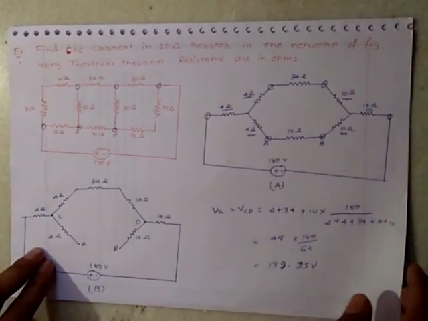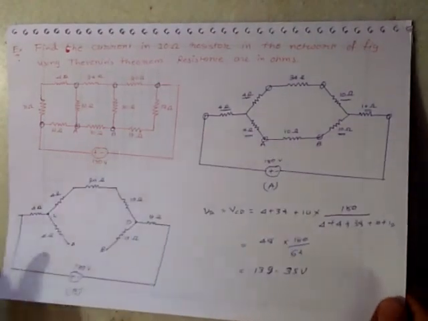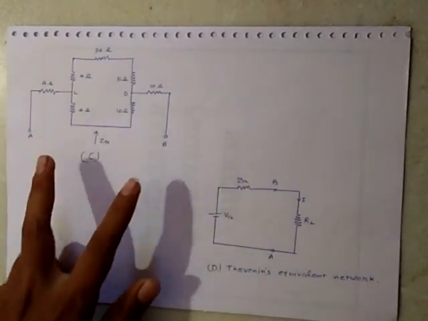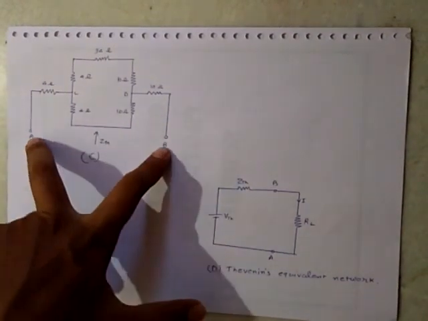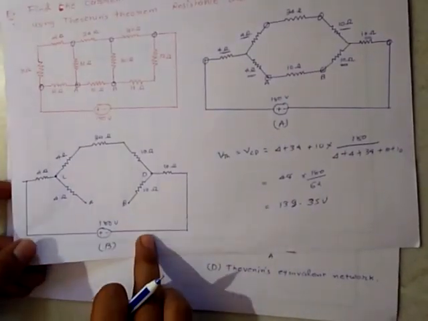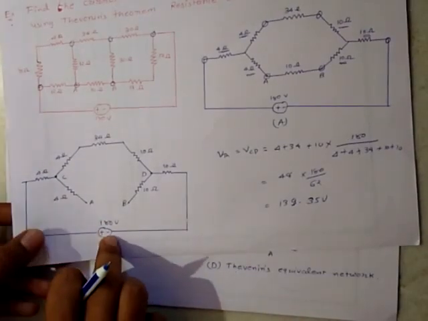Now we will determine the Thevenin equivalent resistance for this network. For that we have drawn a network containing two open terminals, A and B. We have simply redrawn this circuit by short circuiting the voltage source.